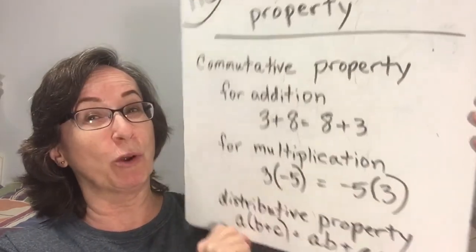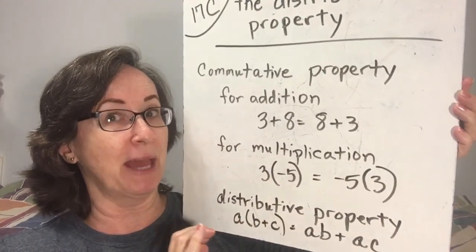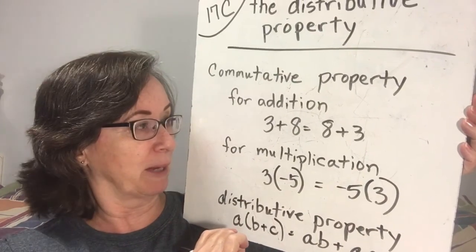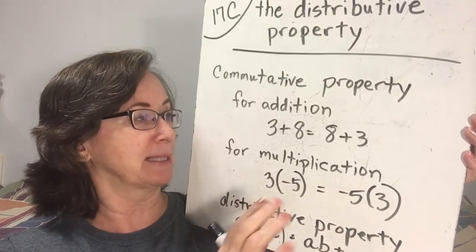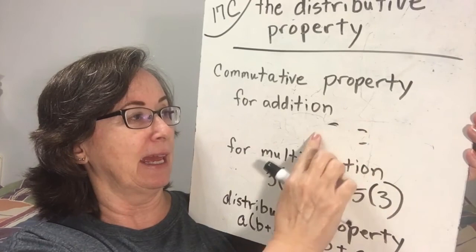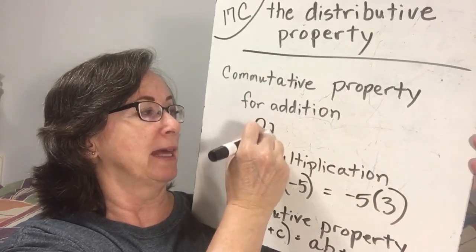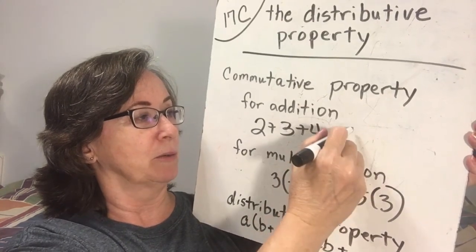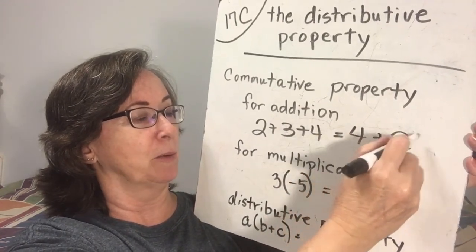So the order that I see the numbers in does not matter as long as the operation is addition all the way. So I could really mix it up, and I could say 2 plus 3 plus 4 is equal to 4 plus 2 plus 3.